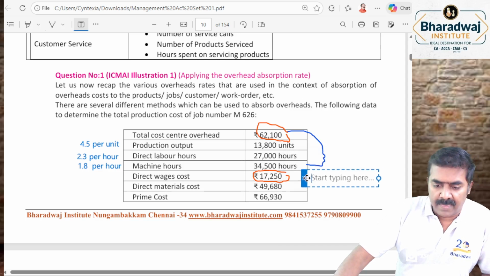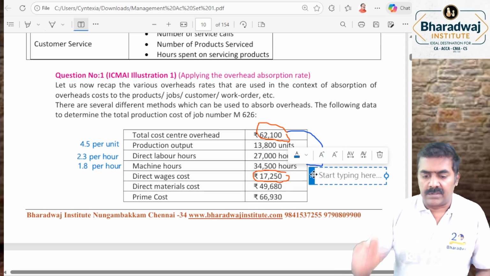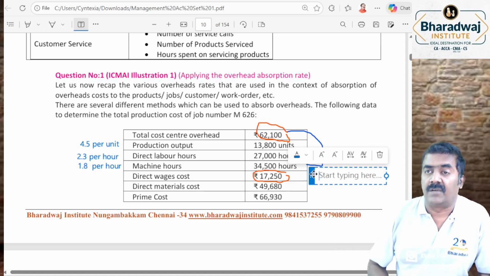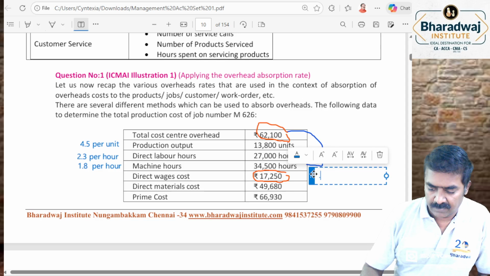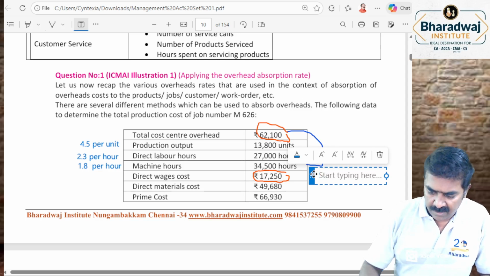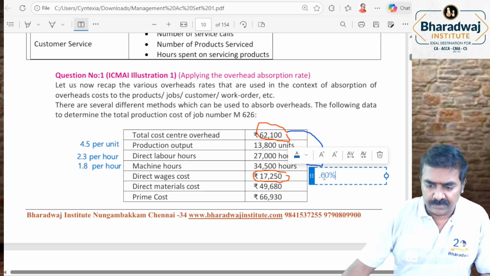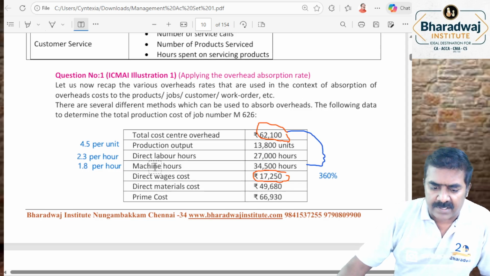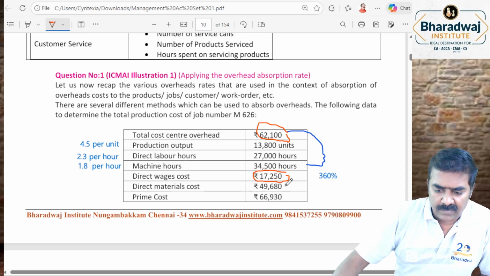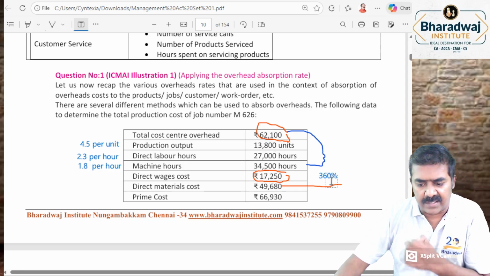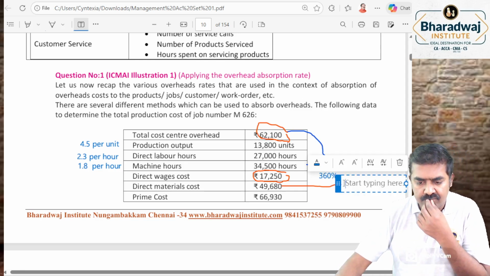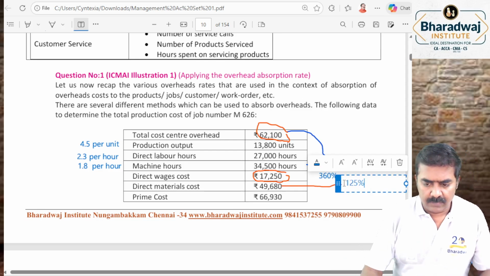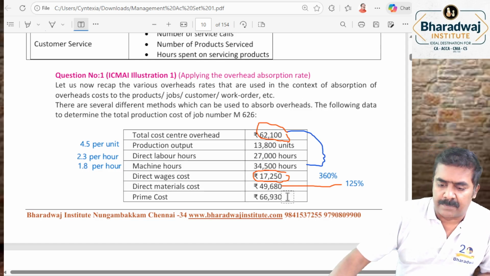How much percentage comes? 360 percent. Can you work out as a percentage of material cost? 62,100 divided by 49,680 into 100 is 125%. Can you work out as a percentage of prime cost?